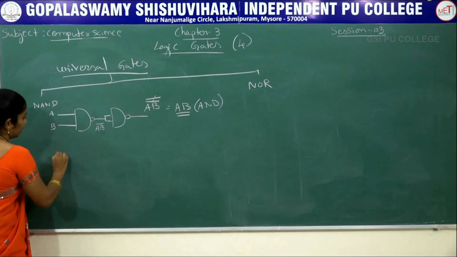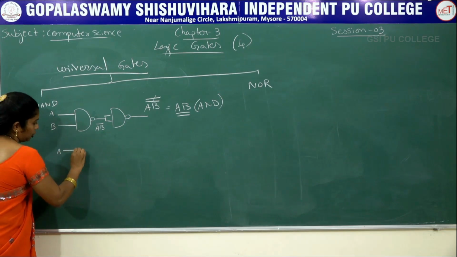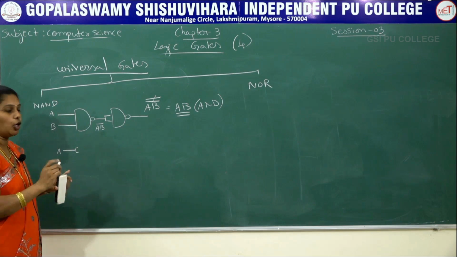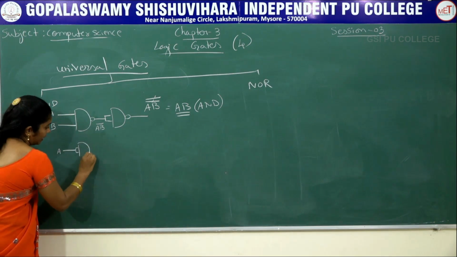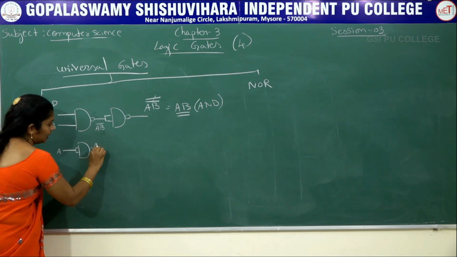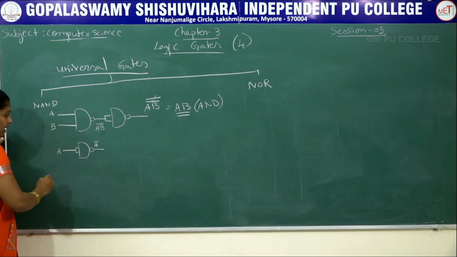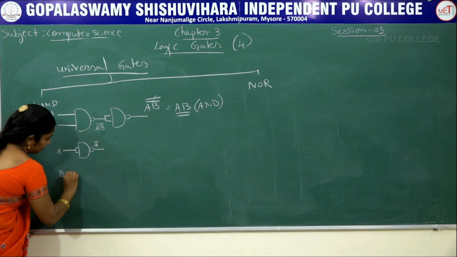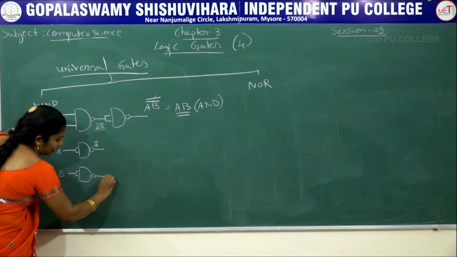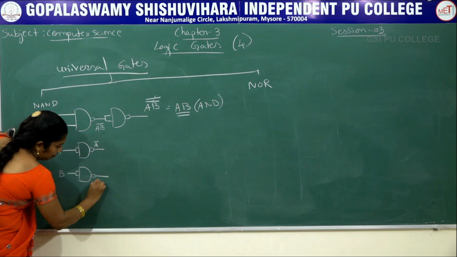Next I will take one more A. I am going to make it 2 parts because for NAND we require a minimum of 2 inputs. That's why make it 2 inputs, then 1 line. Then what is the output here? Here the output becomes A bar. Take B once again. Make it 2 inputs once again, then write the line. Here the output becomes B bar.